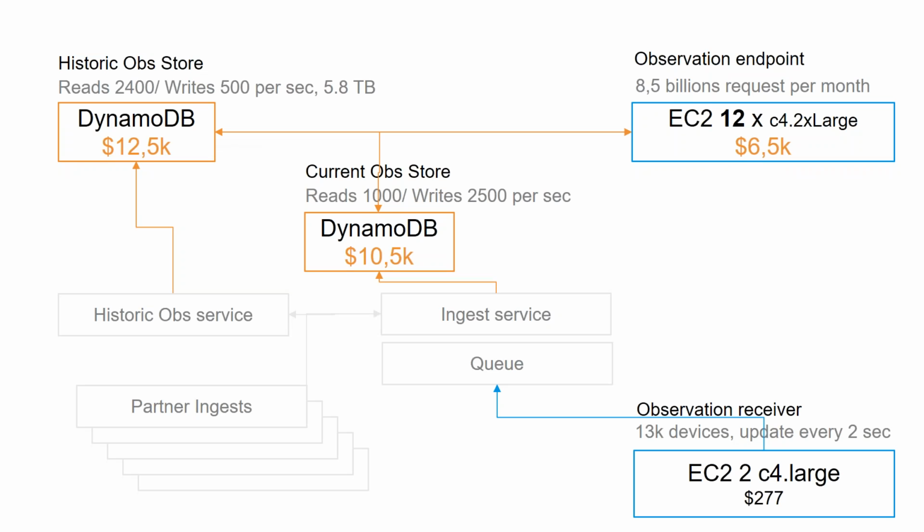So basically, the whole idea: you have your devices, in this case 13K devices, that send updates every 2 seconds. You have your receiver, in this case on Amazon EC2, and then that goes into messaging. That was the issue, because when the messaging was down, the whole system was down.